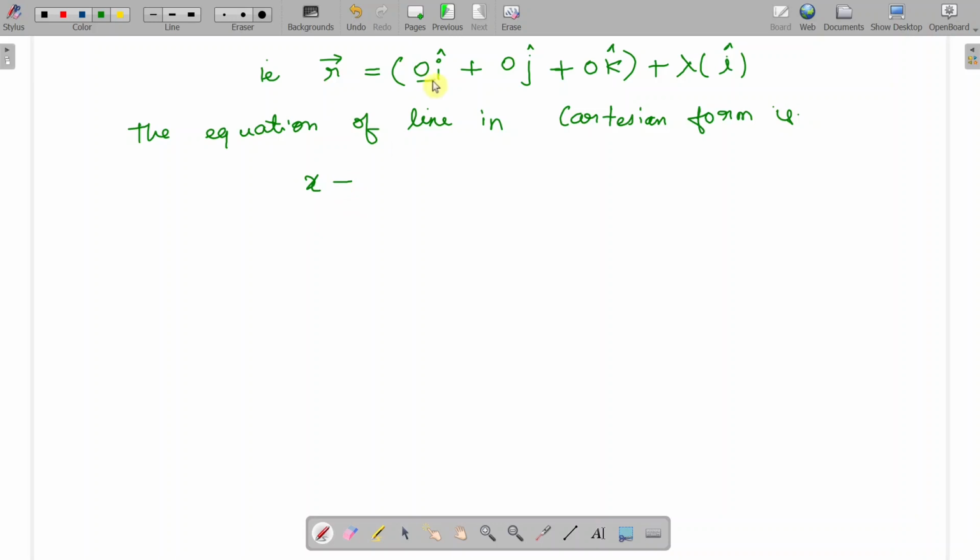X minus this, right, that is 0, the x coordinate of I cap in A bar, so 0 divided by the coefficient of B bar, the coefficient of I cap, that is 1, right, then equal to y minus 0 again, right, y minus 0 divided by, now you can see in B bar there is no j cap term, right, so that means the coefficient of j cap is 0, so divided by 0 you will get equal to z minus 0 divided by again 0, right, z minus this 0 divided by, there is no k cap term, so that means the coefficient of k cap is 0, so we get this. So this is the answer.